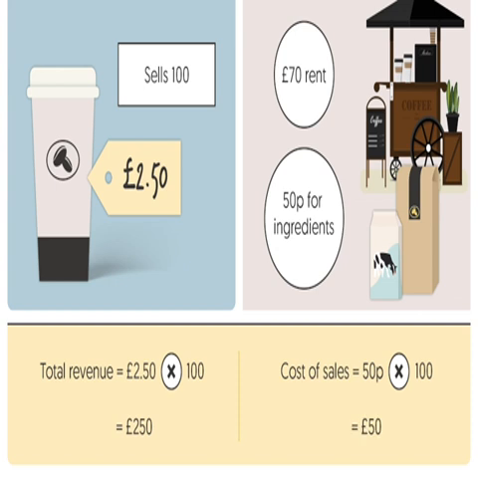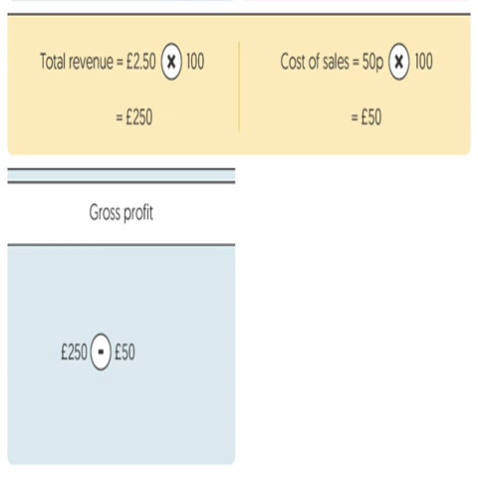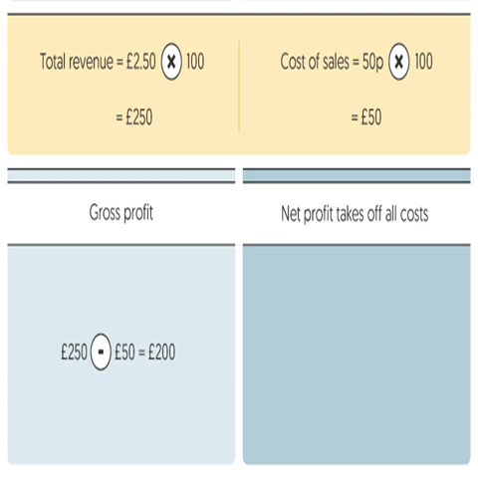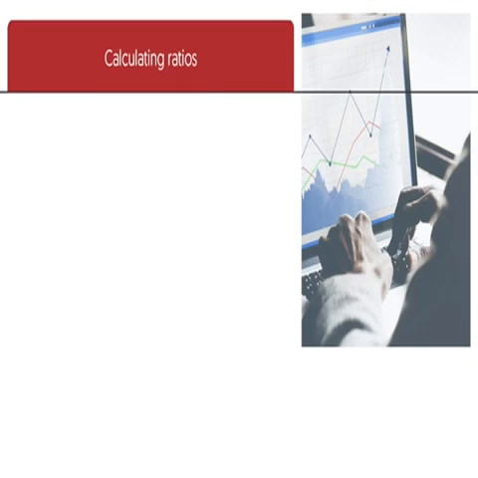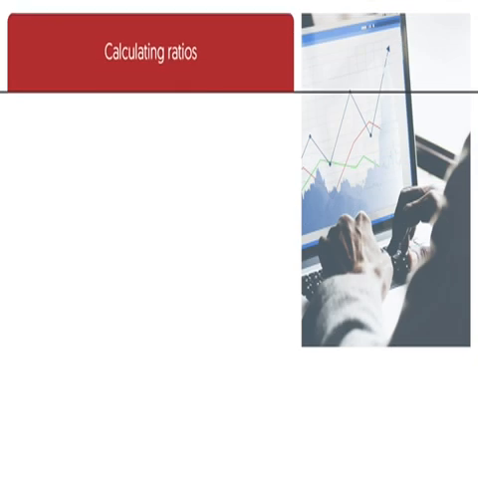You spent £50 buying the ingredients or stock you needed to sell those 100 coffees. In this example, the gross profit would be £250 minus £50, which would be £200. The net profit takes off all costs, so you'd also take away the rent of £70 and end up with £130 net profit.